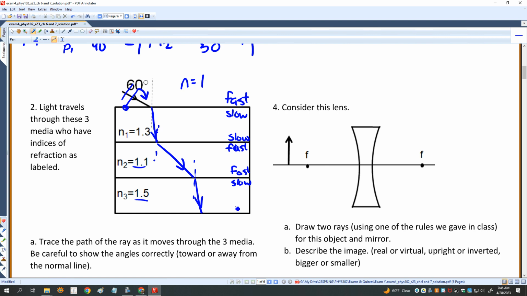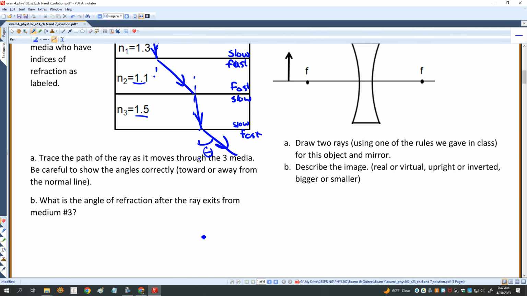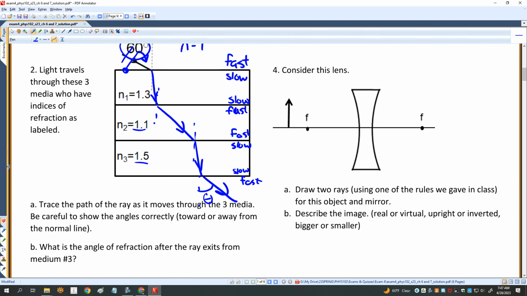And then moving from slow to fast, it will come out like that. Actually, we'll see that this angle and this angle will be the same. So that's part A. I want to see those rays properly drawn so that the angles are proper relative to one another.